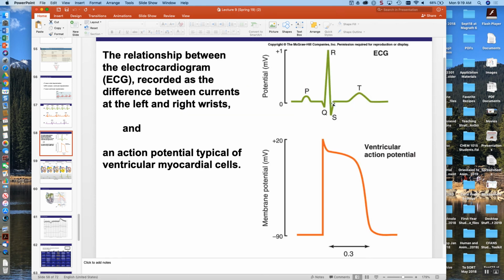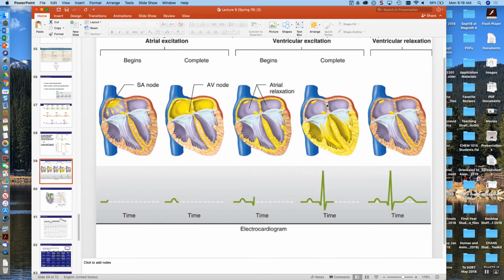The QRS is ventricular depolarization, and the T wave is repolarization. So note that the time course is the same, about 250 milliseconds. So putting it all together, looking at how the electrical current sweeps through the heart, you can actually see how that applies to the ECG.